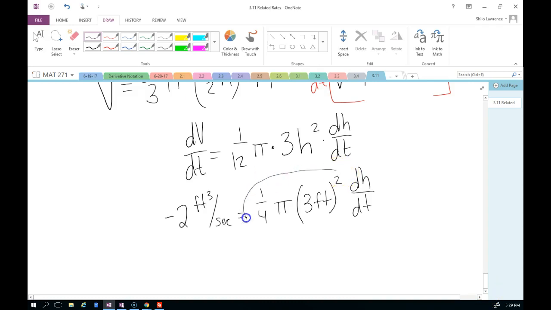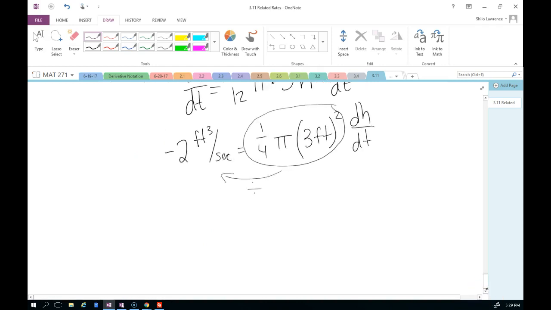So we want to multiply all this stuff together and then divide it over. So 1/4 times pi times, well, 3 squared is 9, so that's 9 pi over 4 square feet times dh/dt.